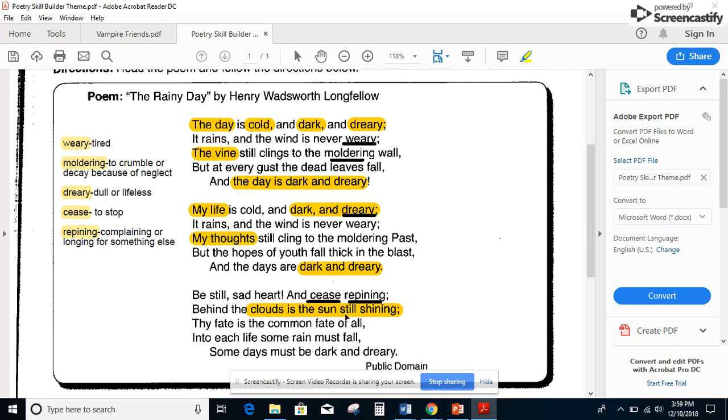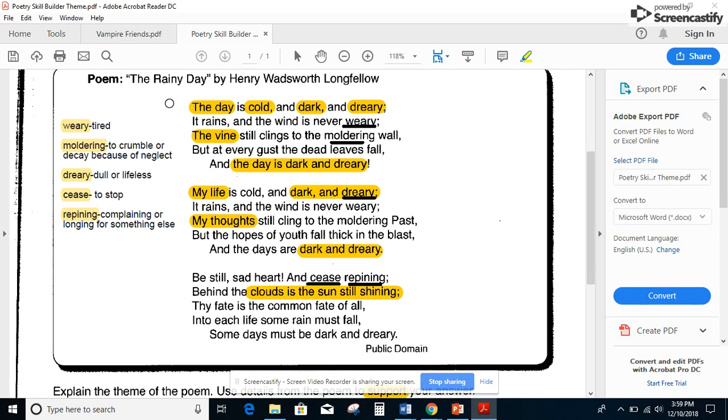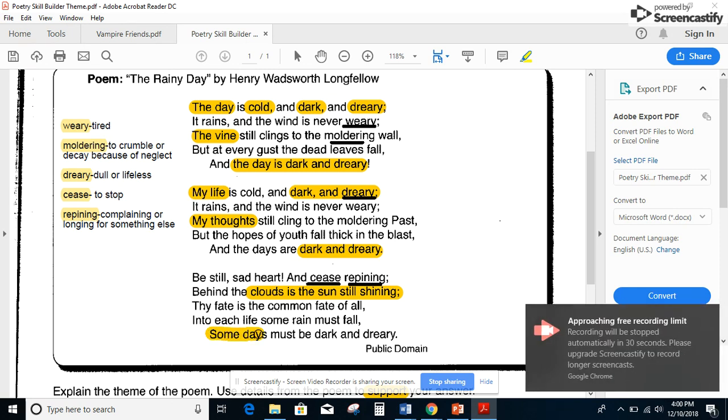Definitely comparing the sun still shining behind the cloud with its opposite of the cold and dark and dreary day. And notice again, we have the progression of the day, then talking about his whole life, and then talking about it's only some days that are very dark. Okay, so there's still hope there.